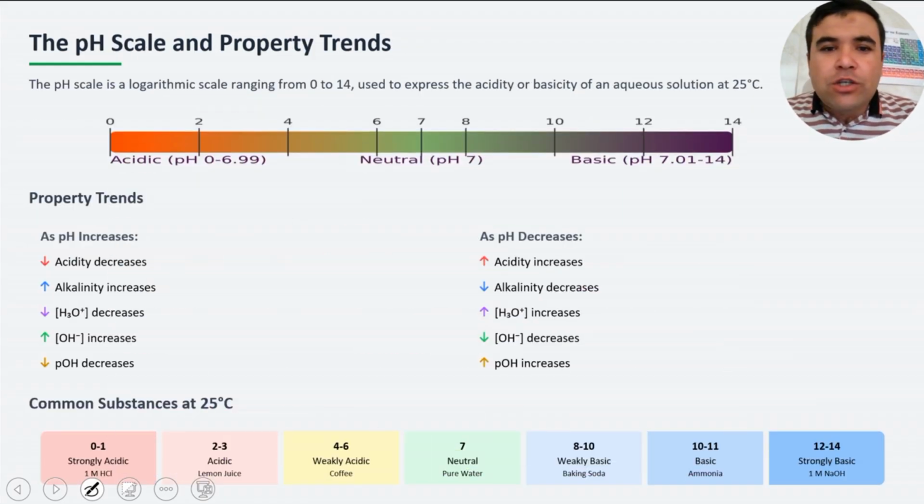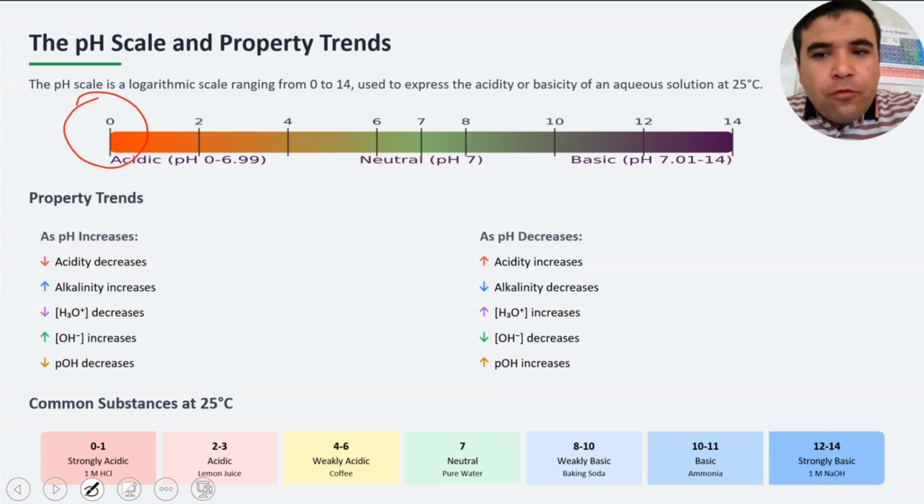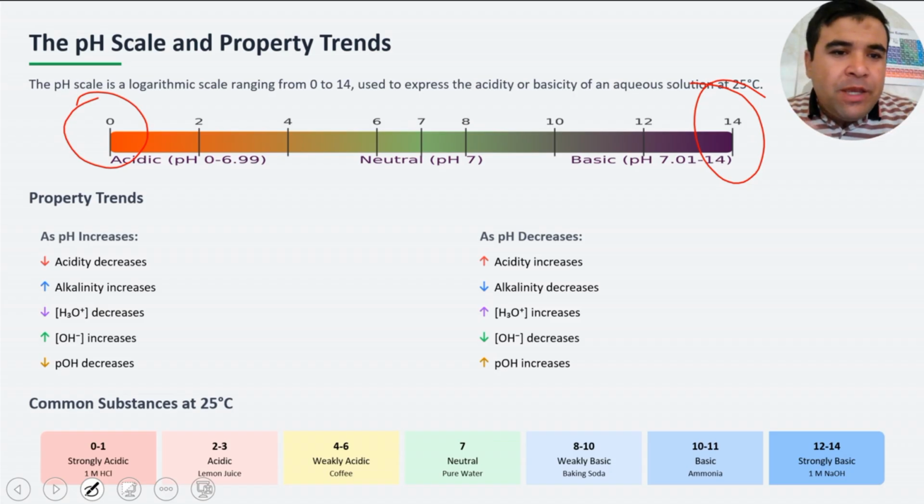Let us talk about the pH scale, guys. The pH scale is a scale of measurement ranging between 0 and 14. It measures the acidity and alkalinity of the solution through values which we call pH values. It's difficult and complicated to represent the acidity and alkalinity of a solution through hydronium and hydroxide values because they are very small values, 10 to the power -1, -2 till -14.